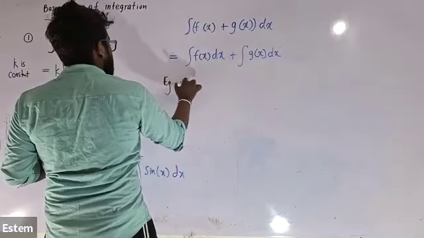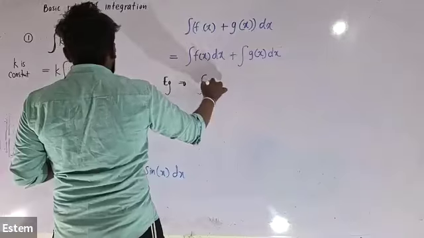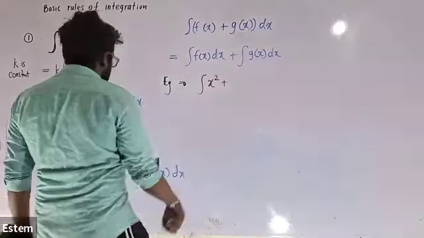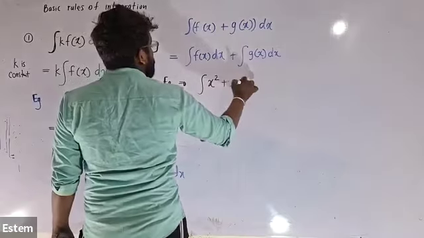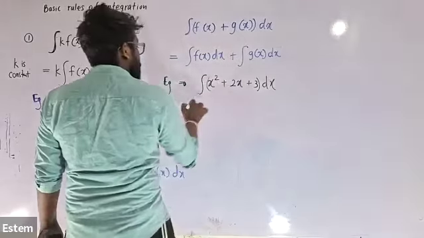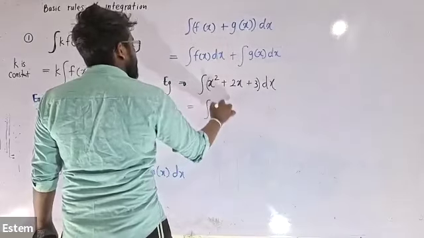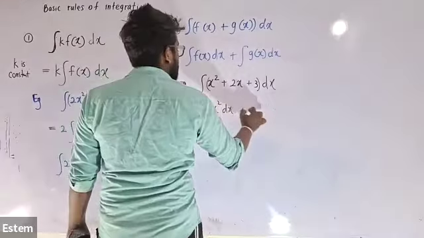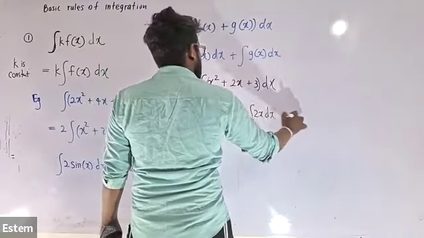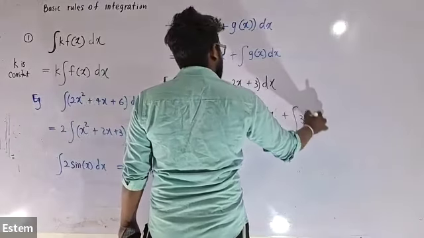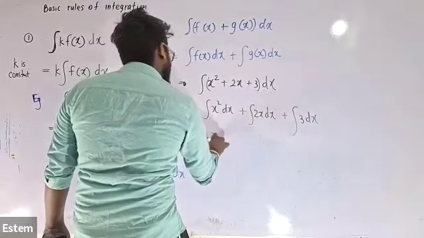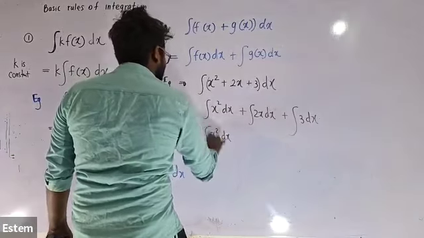Example, if you want to integrate 2x squared plus 2x plus 3 dx, then you can separately integrate x squared dx, plus integrate 2x dx, plus integrate 3 dx. So here x squared dx is the same.